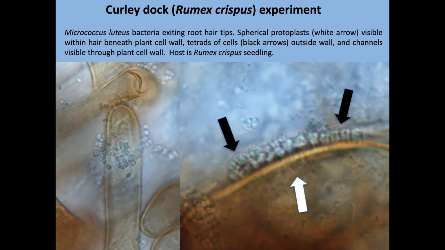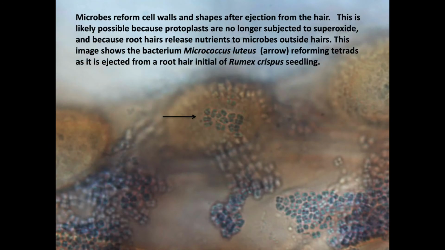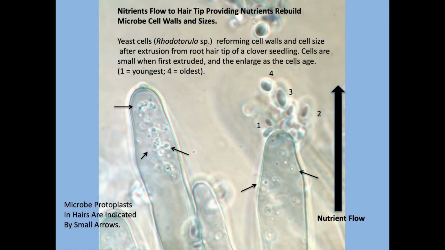And this is actually the fungus when they come out. This is a yeast, Rhodotorula is its name. You see the protoplast inside, and this is actually in clover, so clover does it too. You can see protoplasts coming out. The youngest ones are smaller, and the oldest ones out here are bigger.